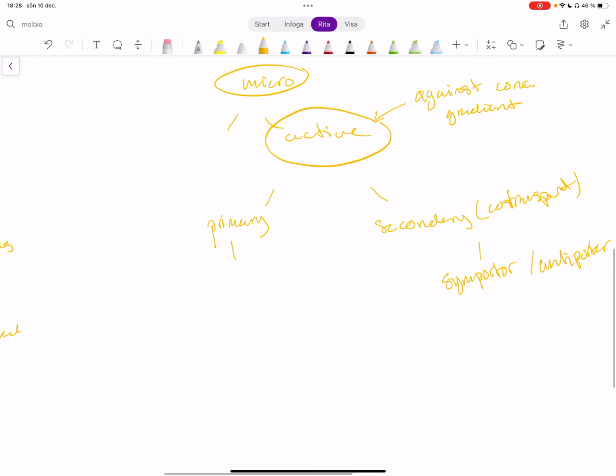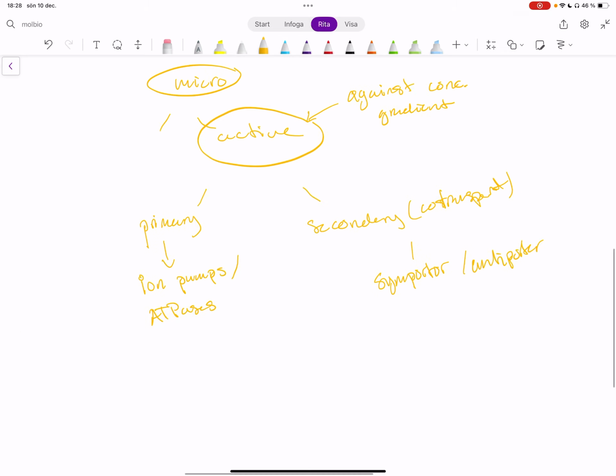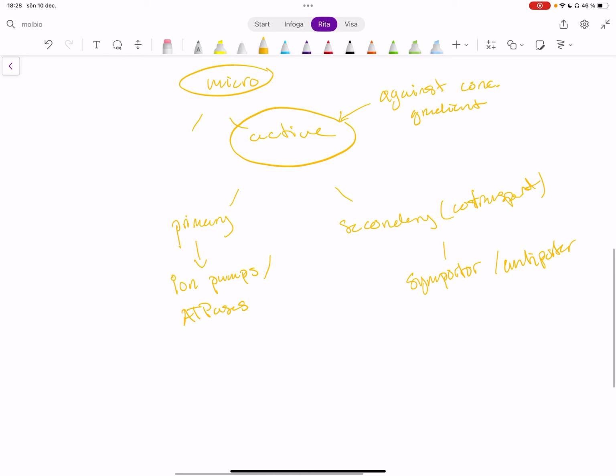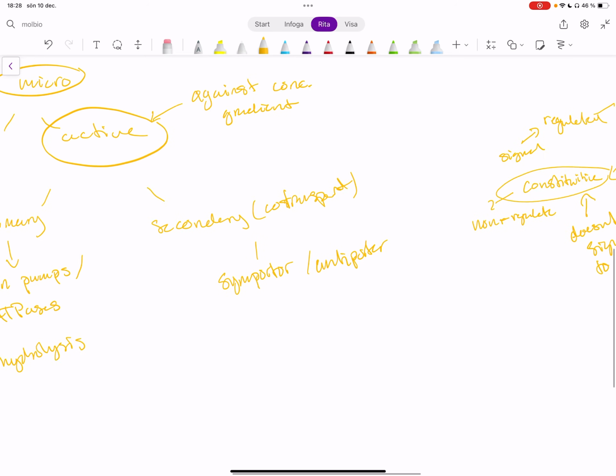Now, primary active transport uses ion pumps, which are also called ATPases. These use ATP hydrolysis, whilst secondary transport uses energy that has been stored in the electrochemical gradient.